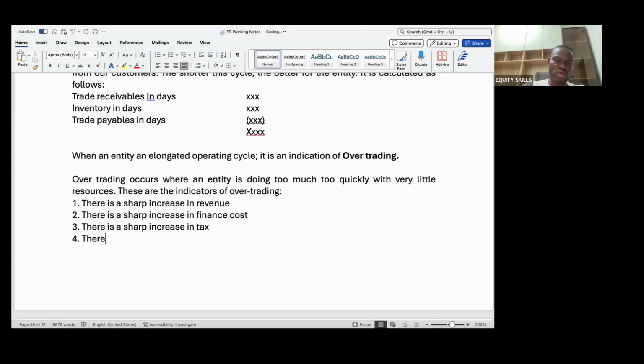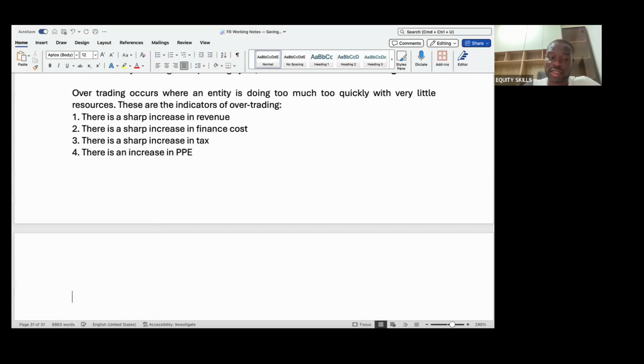Also, you notice that there is an increase in PPE, because for them to be able to achieve that sharp increase in revenue, they will have acquired assets.